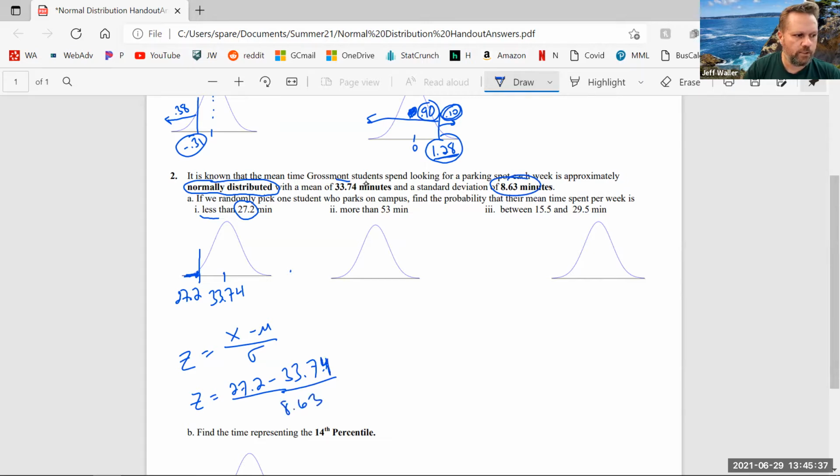I think last time we got, well, you guys tell me what you get. I think I remember what we got. Negative 0.76. And sometimes I'll do this weirdness underneath these. When I took stats, our teacher forced us to draw two different pictures, one with the X scores and one with the Z scores.